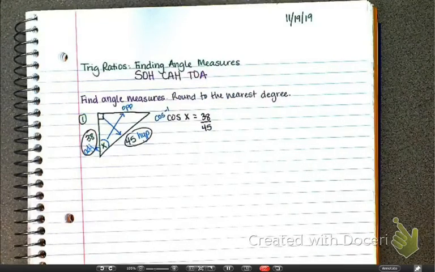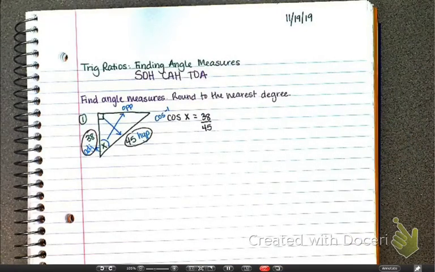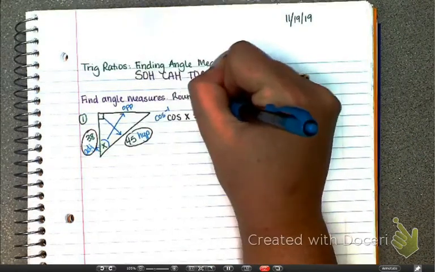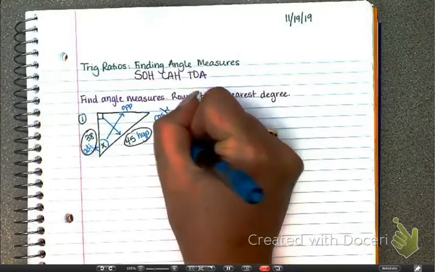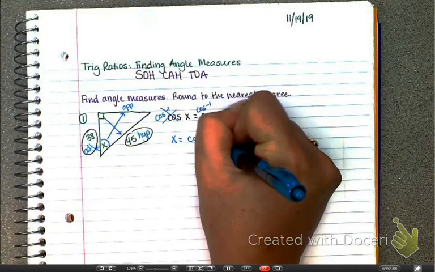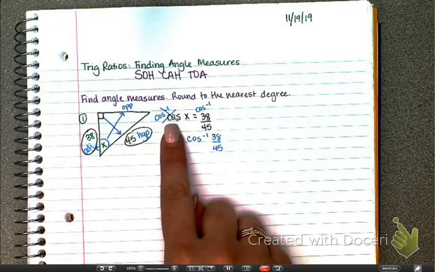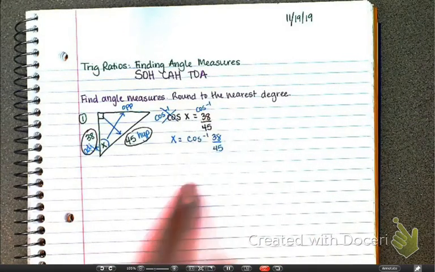So cosine to the -1, and I'll show you how to do this on your calculator. Those end up canceling out, but whatever you do to one side, you have to do to the other side. So I'm left with x equals the inverse cosine of 38 over 45. Okay, so I'm doing the inverse to get rid of the cosine, but whatever I do to one side, I have to do to the other side.